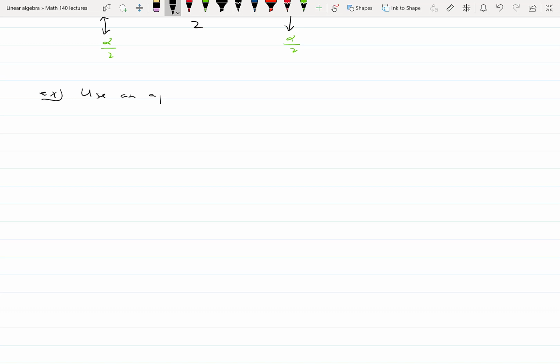Use an appropriate half-angle formula to find the exact value of, let's say, the cosine of 15 degrees.